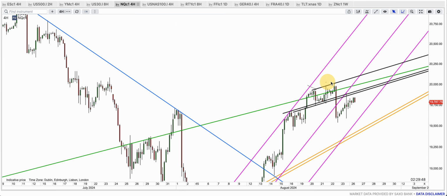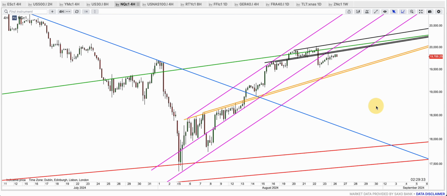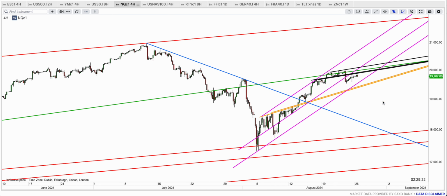Just last week, you can see this black resistance held, came down, and back tested during the Jackson Hole meeting, Jerome Powell's speech. Then it came down again. Now, the big question is whether this purple bottom band is going to hold to push NASDAQ beyond these black and green resistance levels. This is a very big moment.